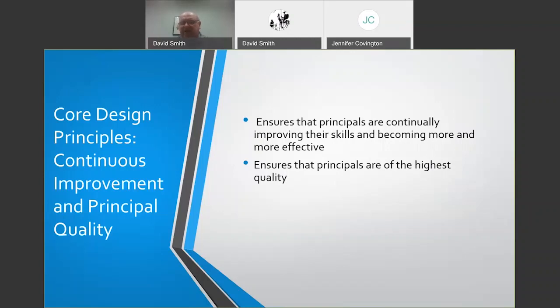But first of all, let's talk about that second thing of ensuring that principals are of the highest quality. Of course, that has to be part of an evaluation system. We have to be able to say our principals are doing what they're supposed to be doing. Is there a conflict between part A, the continuous improvement, and part B, the evaluation function? And the answer to that question is no. That dichotomy actually ends up being a myth.